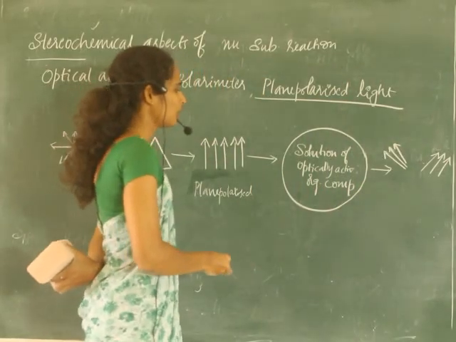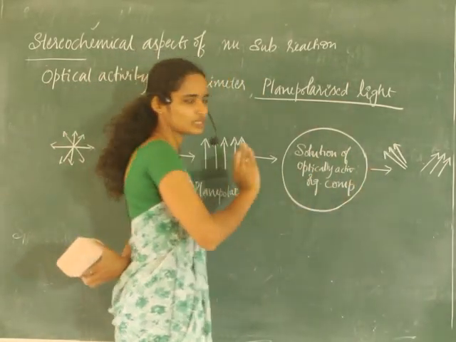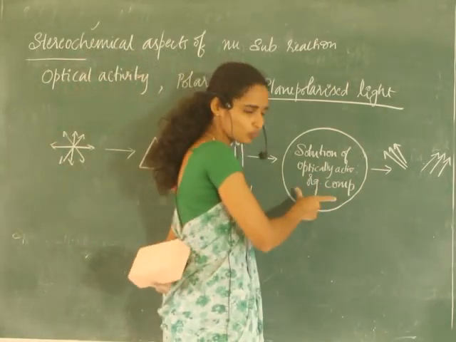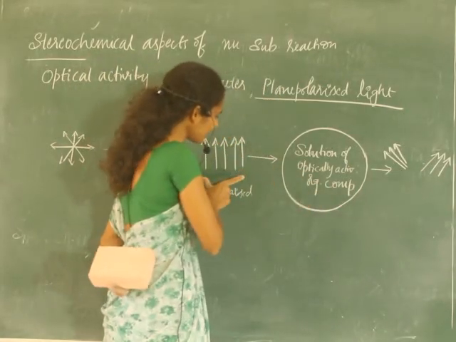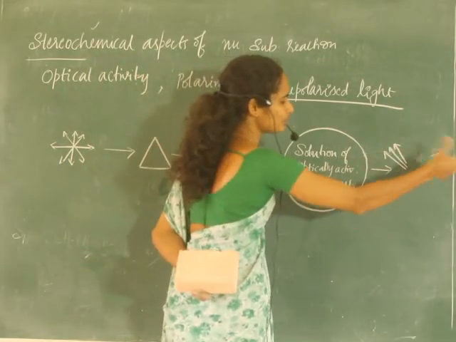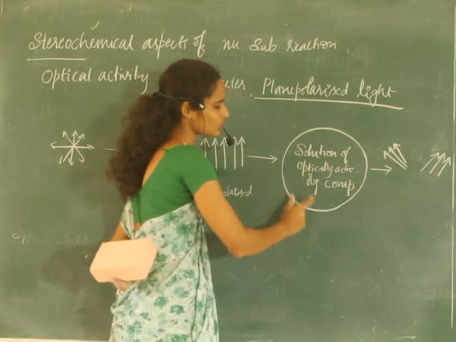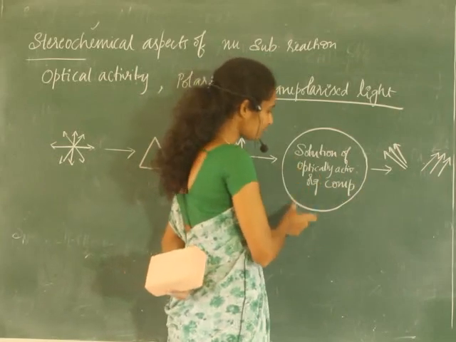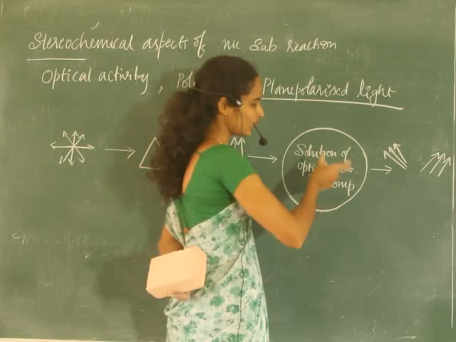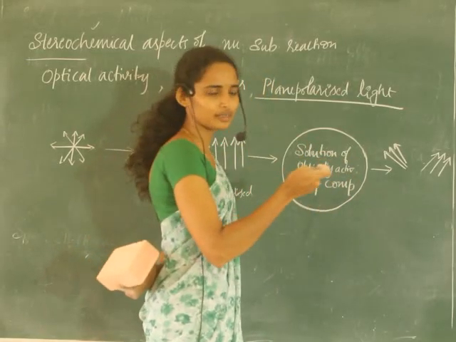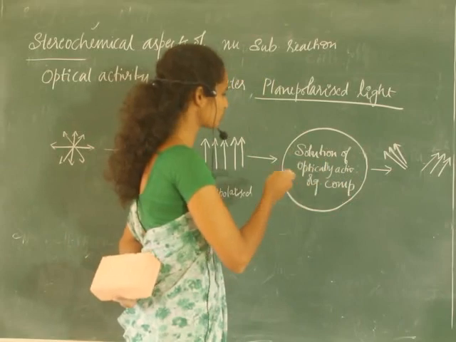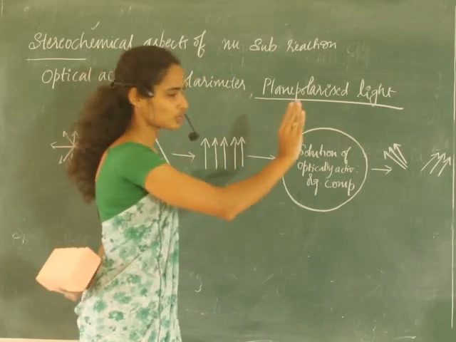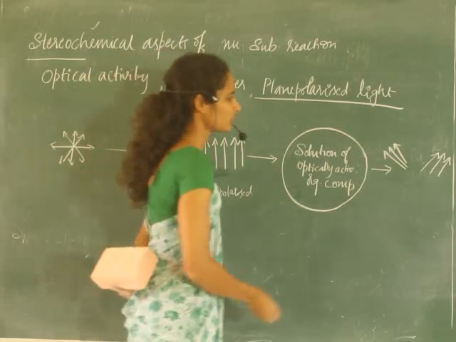This phenomenon is called optical activity, and only a few compounds can rotate plane polarized light to the right side or left side. Such compounds are called optically active compounds, and this phenomenon totally is called optical activity.